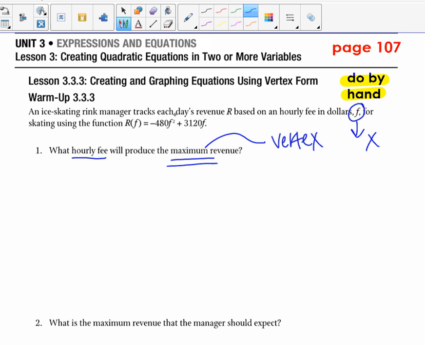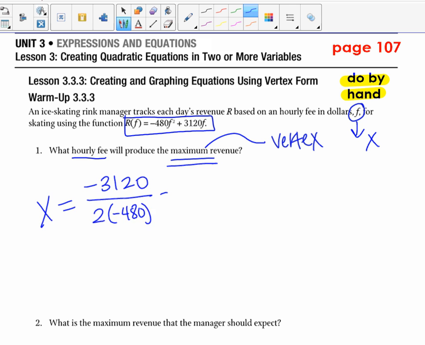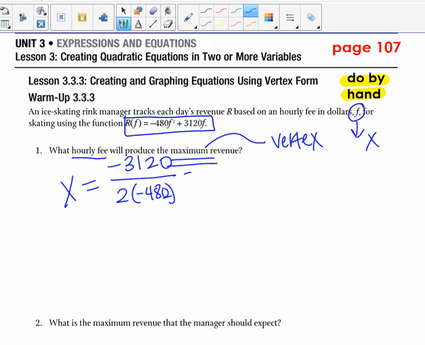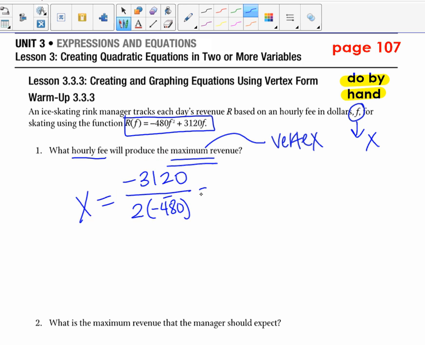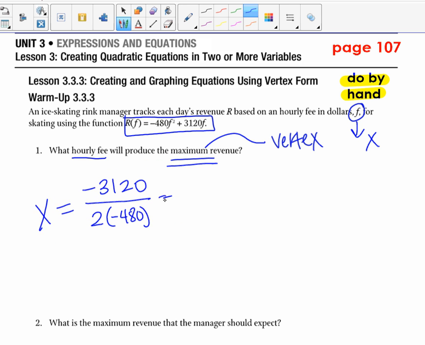So to find the X of the vertex in standard form, which is what we're given, you have X equals the opposite of B, so negative 3,120 divided by 2A, which is 2 times negative 480. Again, like I've been talking about the past couple days and really all semester, make sure that you clean that up first.